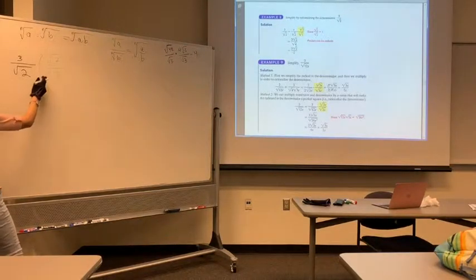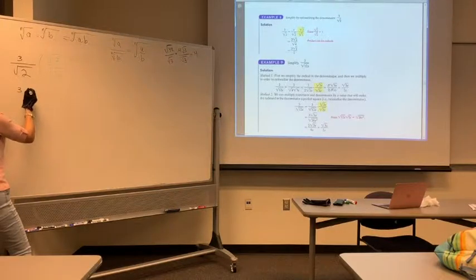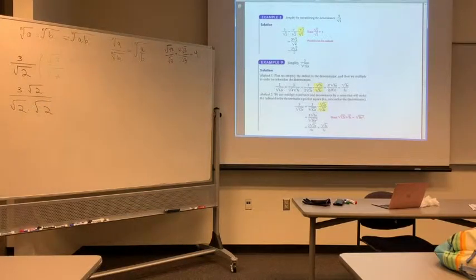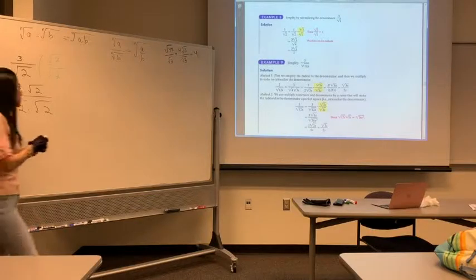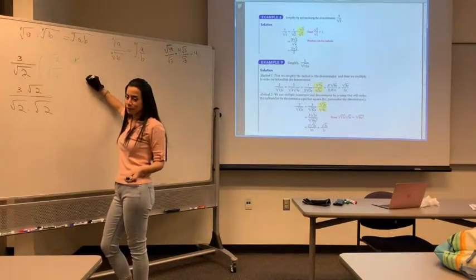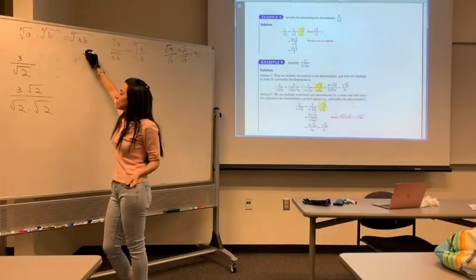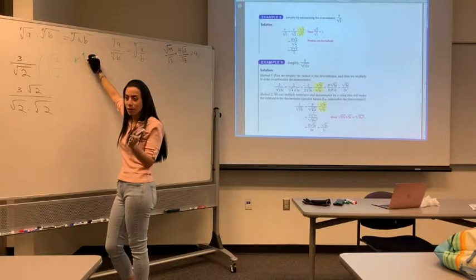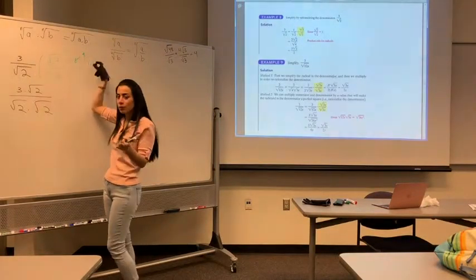Let me multiply them. Why do I do this? Because this one is a number divided by itself, right? Which is 1. We just multiplied the fraction by 1.